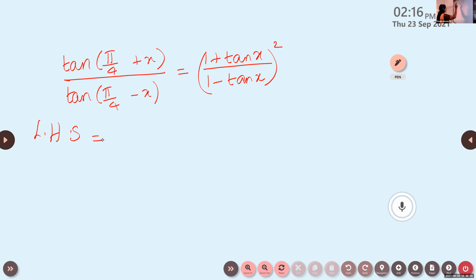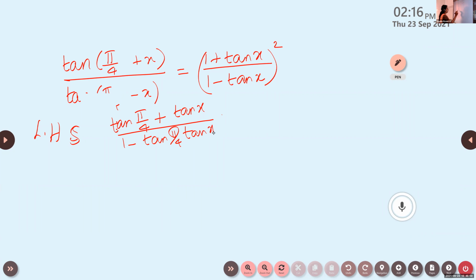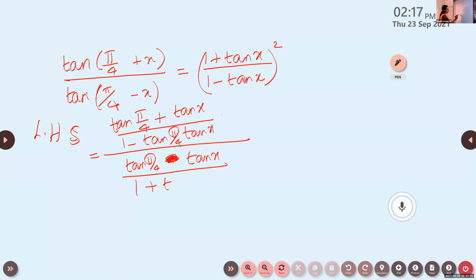Yes. So tan of 45 plus x: in the place of A we have 45, plus tan x, by 1 minus tan A tan B. Again in the denominator, tan A minus tan B by 1 plus tan A tan B, that is tan pi by 4 into tan x.